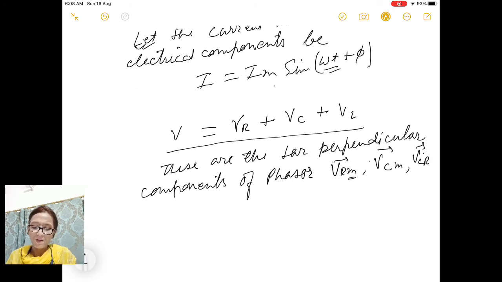So if perpendicular components are added, your voltage amplitude Vm, this rotatory vector voltage amplitude, should be given by the sum of the three. VMR, I have changed the position, I have written M in front.